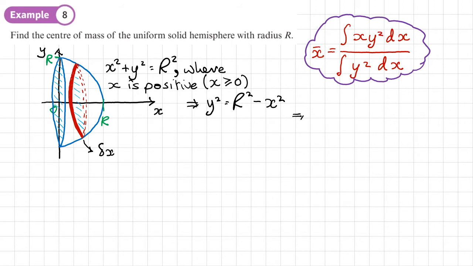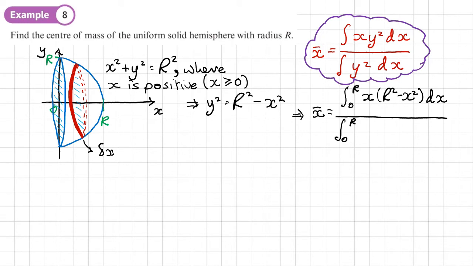So from there we will have x bar equal to the integral between our limits, which are going to be 0 and capital R, of x times y squared, that's r squared minus x squared, so we don't need to square anything, it's squared already, all over the integral between 0 and r of y squared, and that is just r squared minus x squared dx.